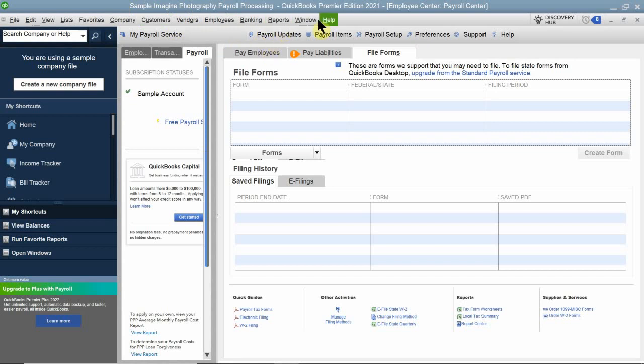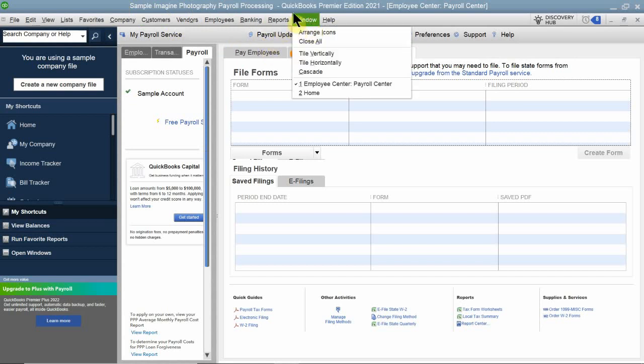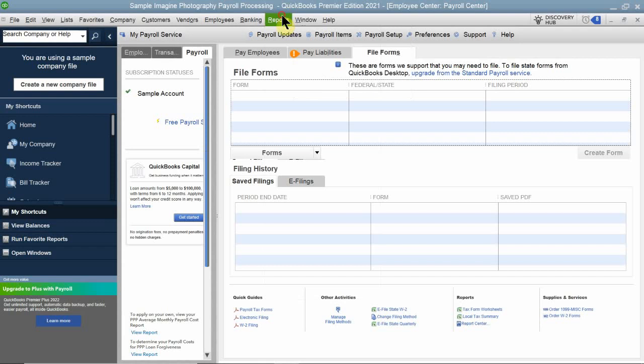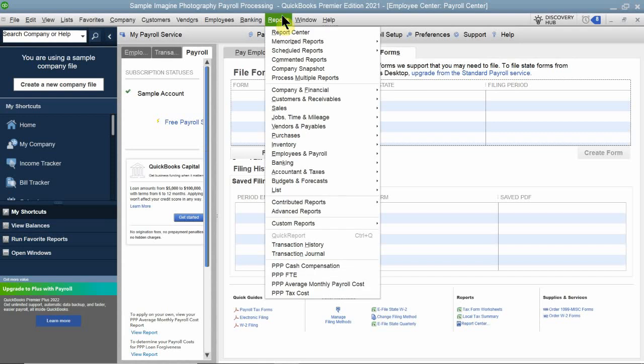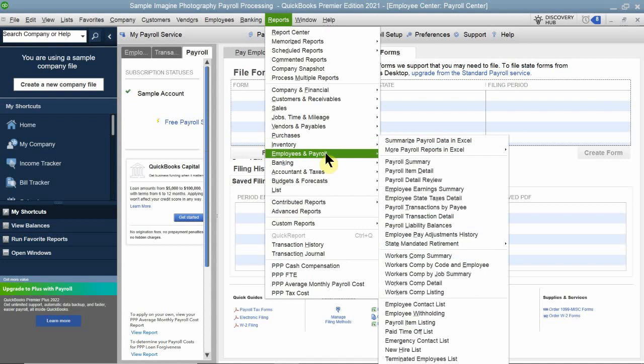So the last section that we have here too is going to be payroll reports, okay? So again, I can go to the reports window here, and I'd be able to go to employees and payrolls, and this is where you can go ahead and run your reports on employee balances information, or even your payroll summaries here, okay, your payroll liability transactions.